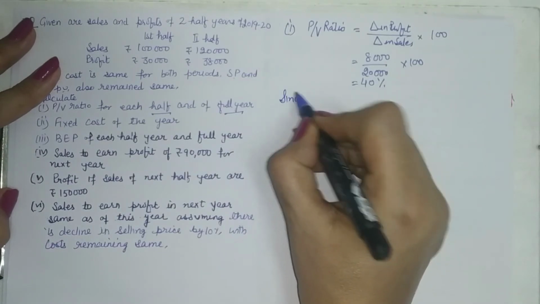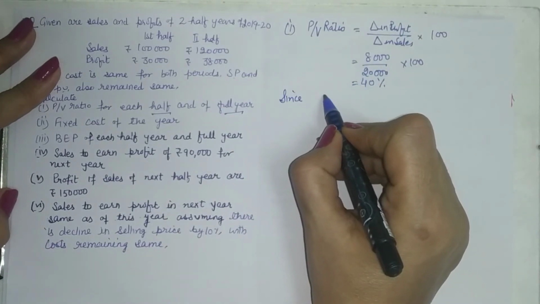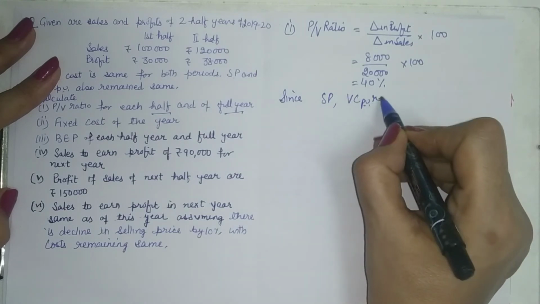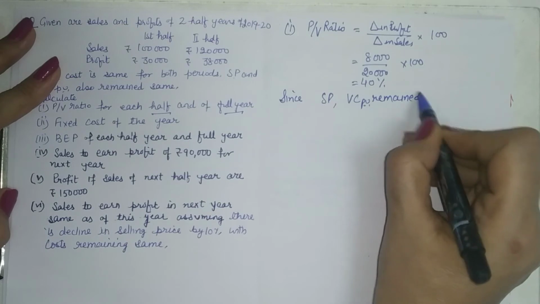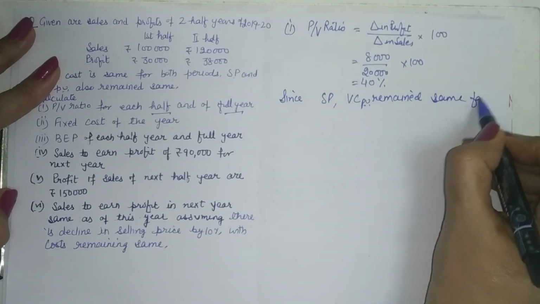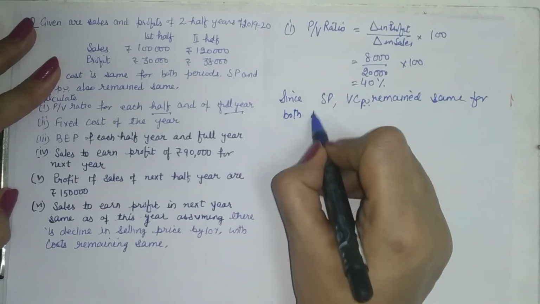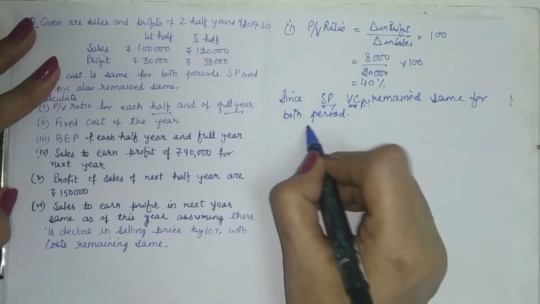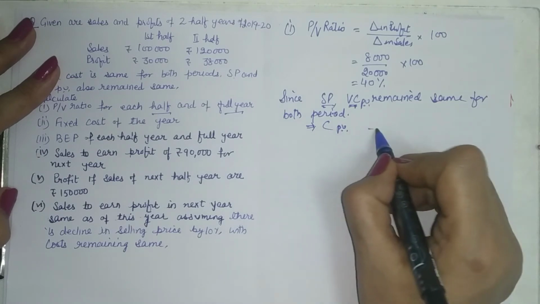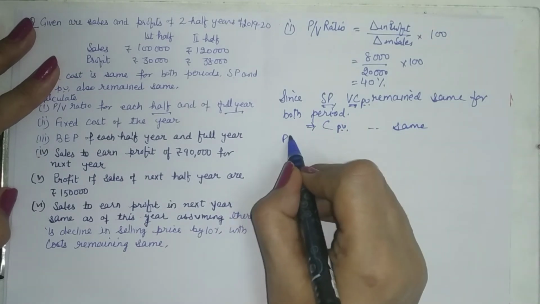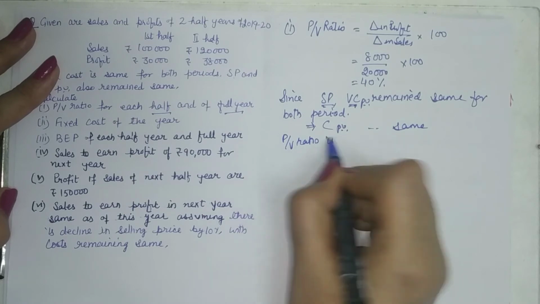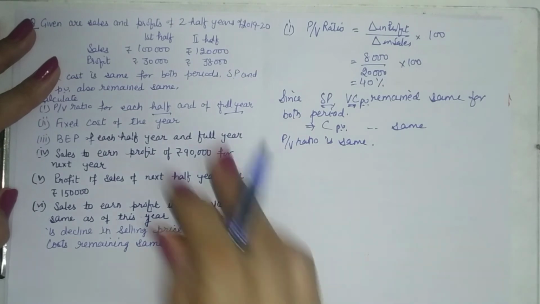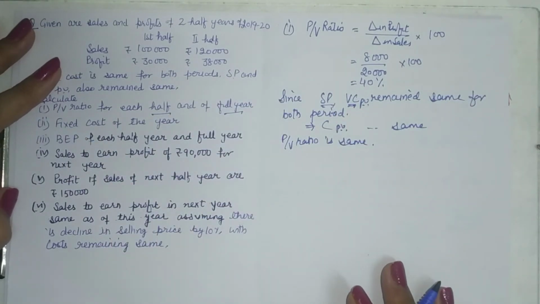Since selling price and variable cost per unit remained same for both the periods, whether you are in first half or in the second half, since these two components are same, this implies contribution per unit is also same. So PV ratio is going to be same for each of the periods. Whether you talk about first half, second half or full year, PV ratio is going to be 40%.